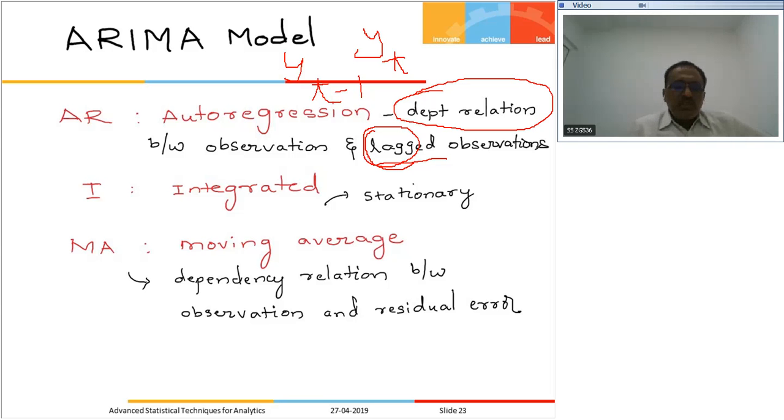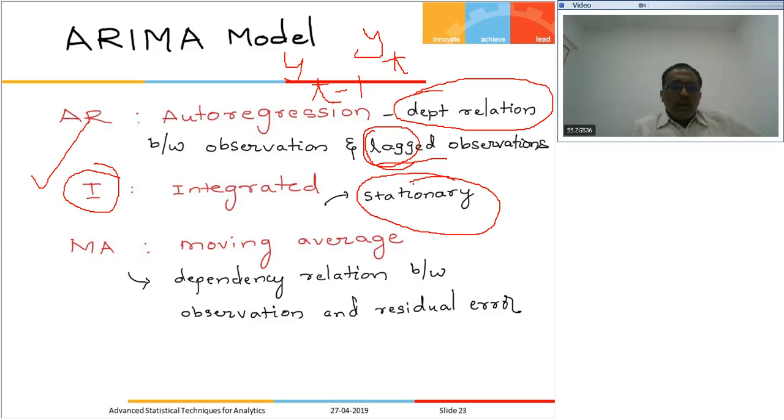Next, this is the one which we added, that is integrated, where we try to make the series stationary. And MA is the moving average, which we already discussed, where it tries to find a dependency relation between the observation as well as the errors or residual errors.